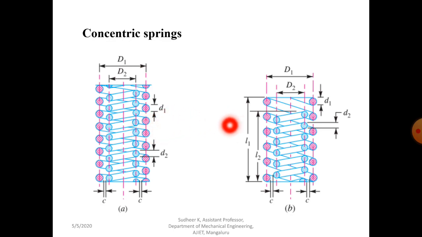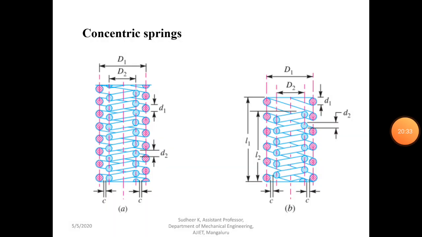In general there are two springs. However, in certain applications, a concentric spring consists of three coaxial springs, namely inner, middle, and outer spring. So this is about concentric spring.